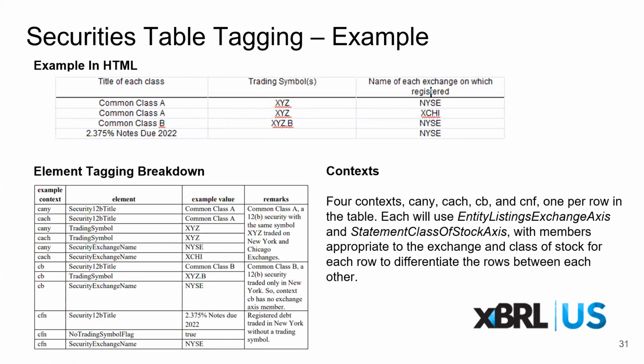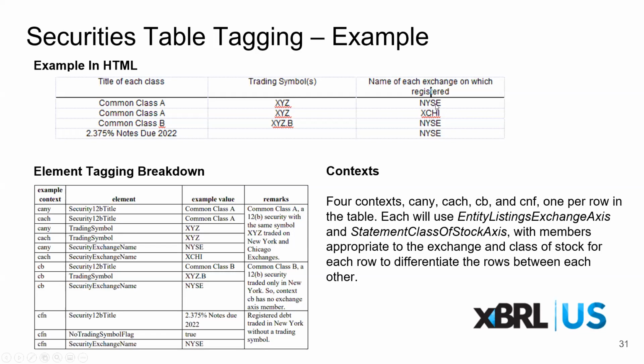And we have four contexts with this. So for example, the first context we might use might be, and we're just using an identifier here, CANY. And we're going to tag on the first row, common class A with our 12b title element, our trading symbol with our trading symbol element, and our stock exchange with our security exchange name element.